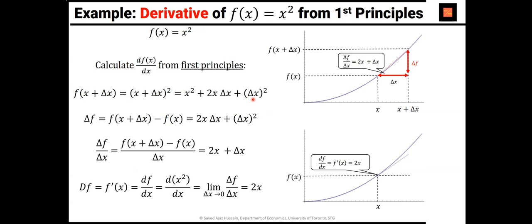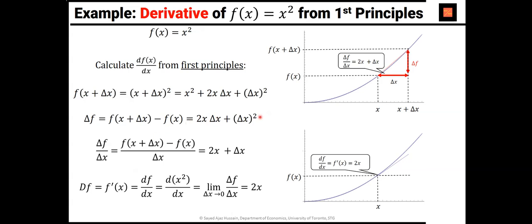I know that to take derivatives, I have to compute the change in the function. So the change is the value of the function at the new value of x, subtract the value of the function at the initial value of x. When you simplify this expression, this line minus that line gives you this expression right here. Now when I take the change in f and divide by delta x, this delta x disappears.